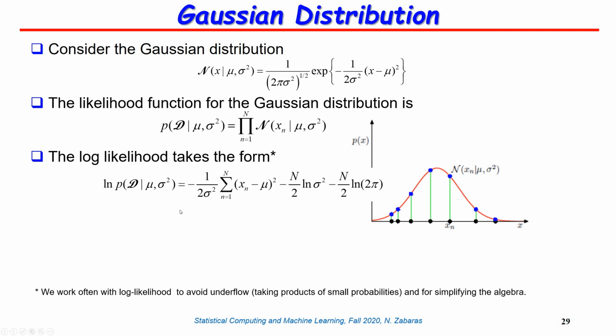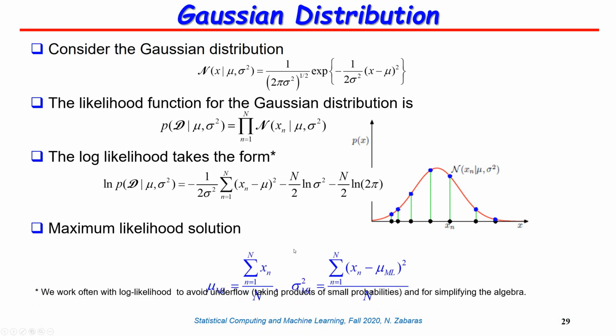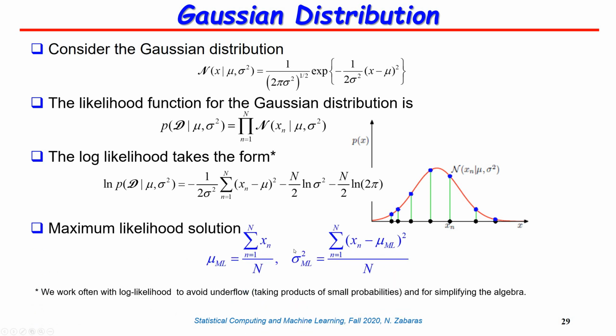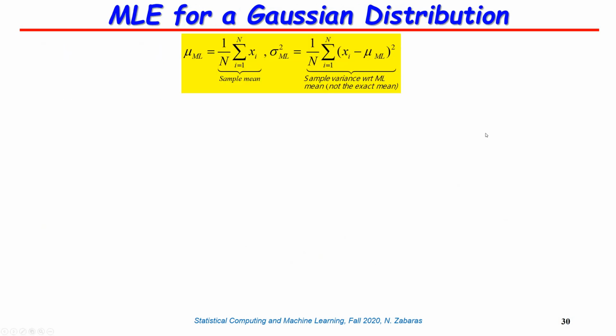You compute the log likelihood, you maximize it with respect to mu and sigma square, and we showed that the MLE estimates are nothing else but the sample mean and the sample variance. Okay? And remember, in the original problem, we give you data X, right? And mu and sigma square are the unknown parameters. You will see that somehow our regression problem will take the same identical form in a few slides from now.